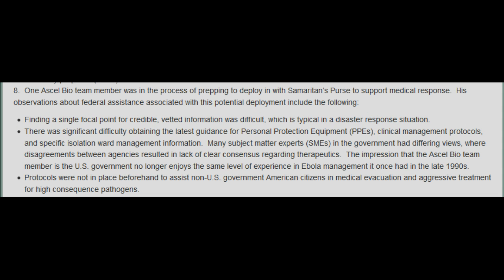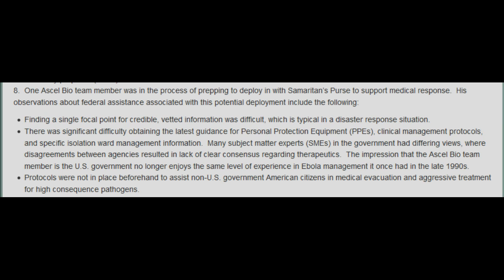And then here's another first-hand account. One Excel Bio team member was in the process of prepping to deploy in Samaritan's Purse to support medical response. His observations about federal assistance associated with the potential deployment included the following. Finding a single focal point for credible, vetted information was difficult. He said that's typical for disaster response.